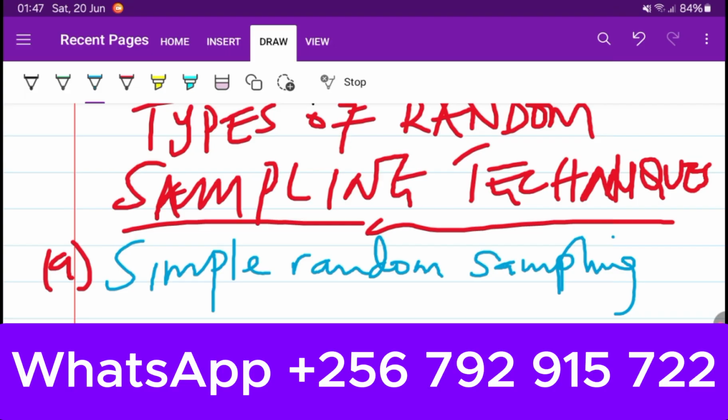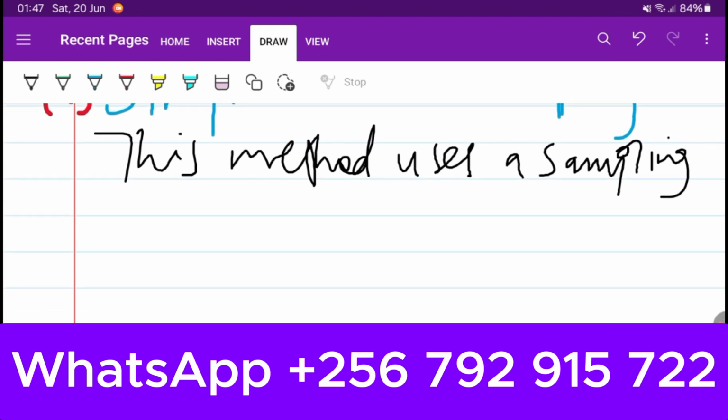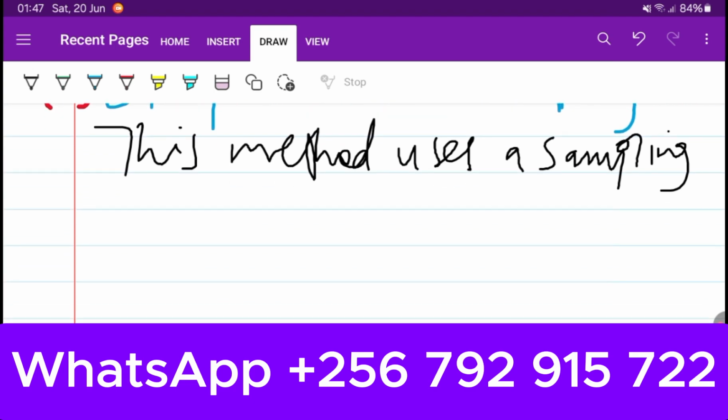Of course, we've said that this method uses a sampling frame. We said the sampling frame is just a list of all the items that are going to be part of the population.